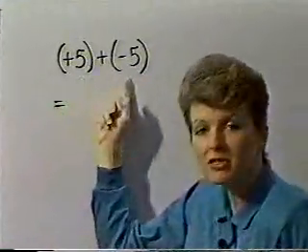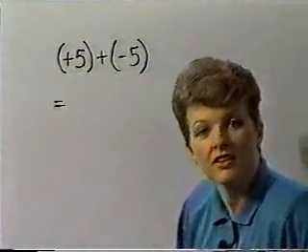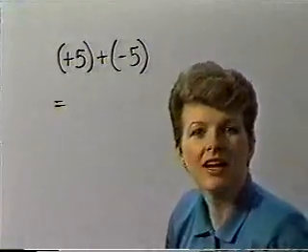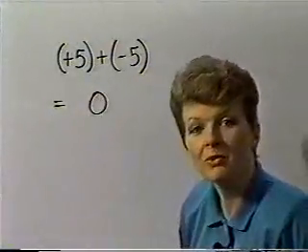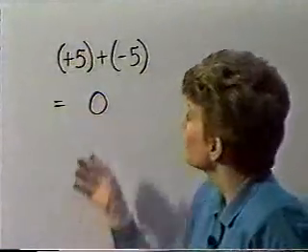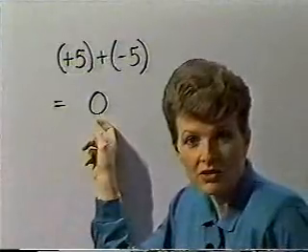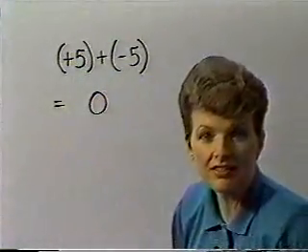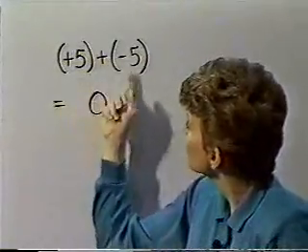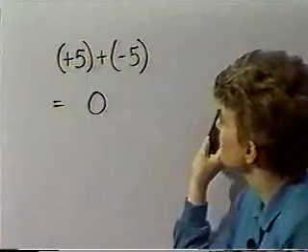Take the absolute values of these two numbers, 5 and 5, and subtract them. 5 minus 5 is 0, and I say keep the sign of the number with the larger absolute value. Well, the absolute values are the same. This is just 0 then. Again, I'm adding two numbers with unlike signs. By the way, these two numbers are called opposites of each other. All right, let's look at another example.